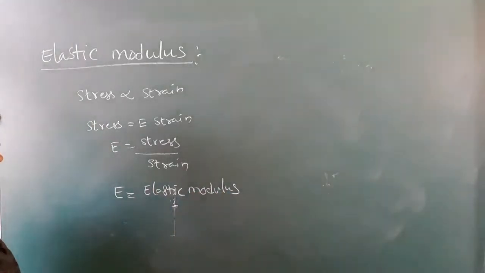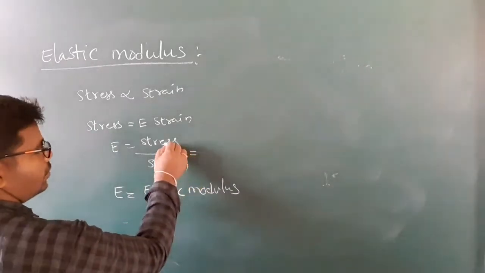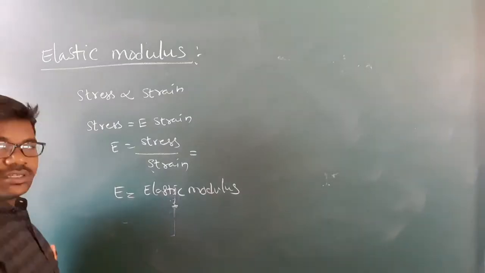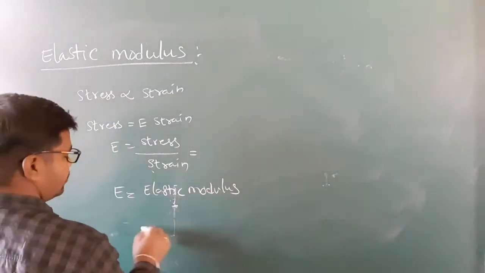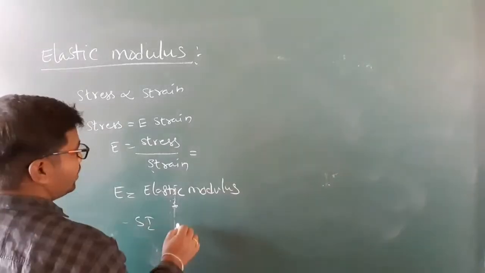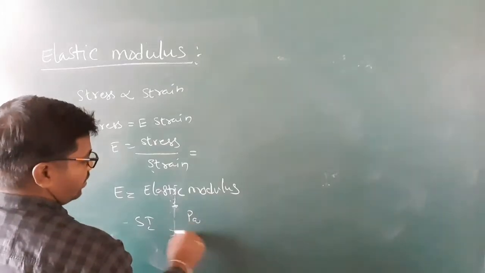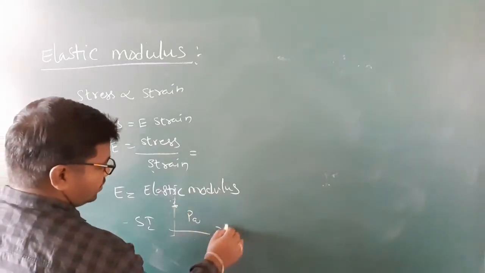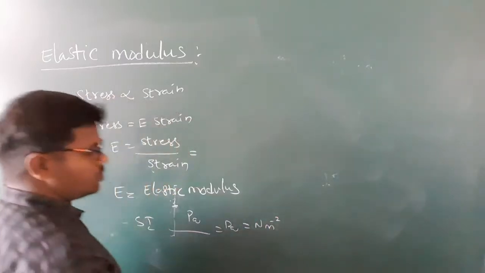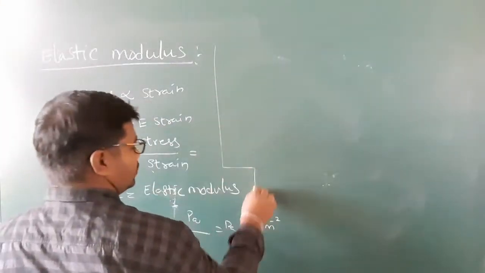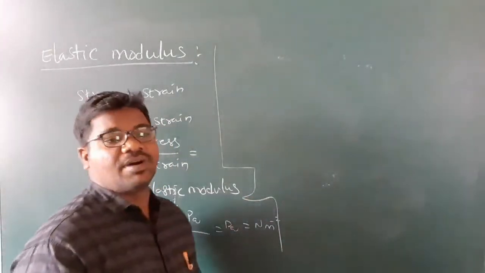Its SI unit: strain has no units because it is the ratio of the same quantity, so the SI unit is that of stress, pascal, and strain has no unit. Pascal means Newton per meter squared, N m to the power minus 2. Understand, my children? So this is about elastic modulus.